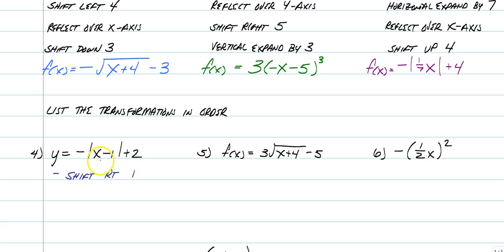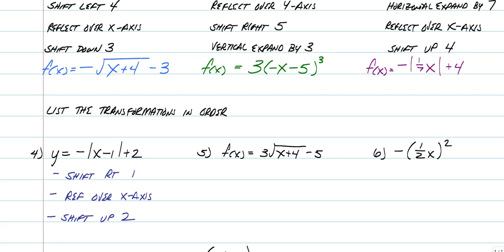Now we're done with the inside of the function. Now we start working left to right again on the outside. The next thing we're going to do is reflect over the x-axis. And then we're going to translate or shift up 2. Again, left to right on the inside, then left to right on the outside is the proper order.